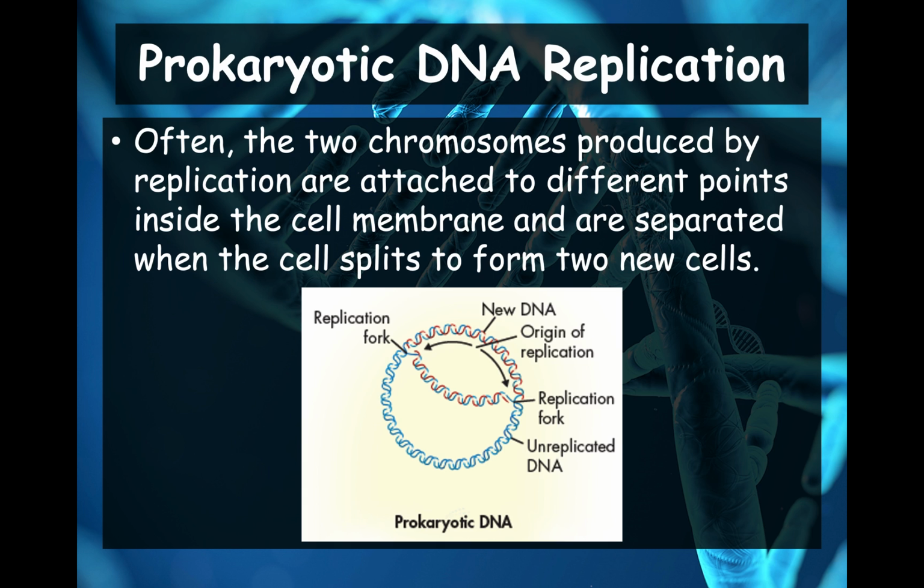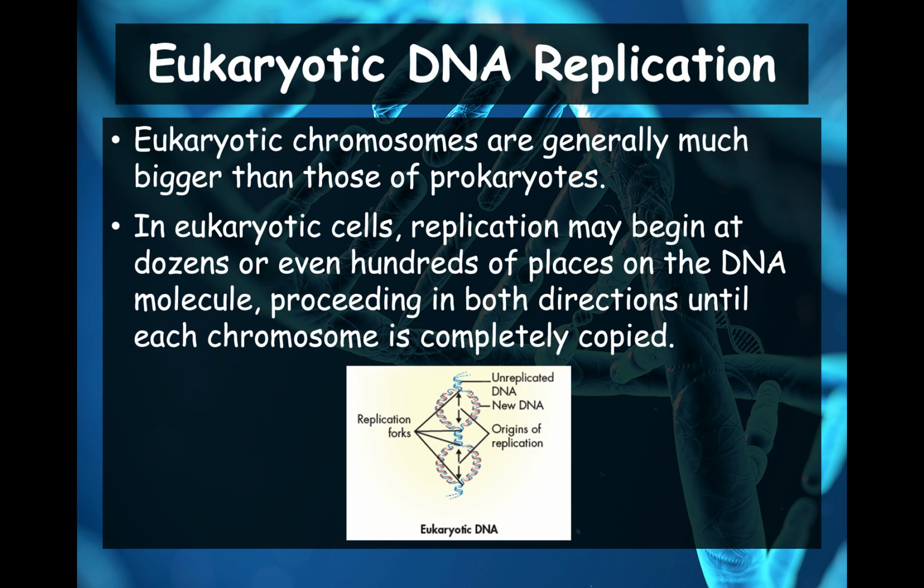Not much there. You can see the difference here is that we have really just the circular DNA, and it's just making the complementary strand right next to it, and then once the cell splits, that's when the DNA actually splits.